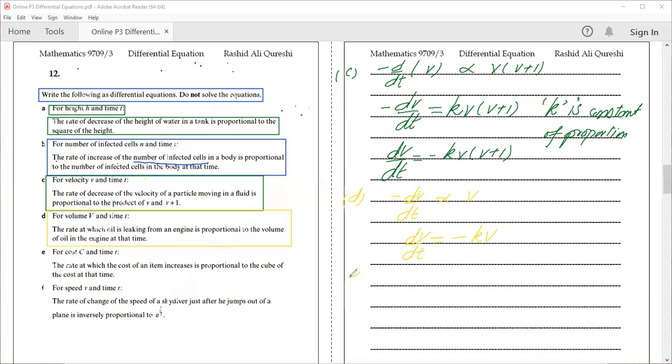Now the E part of the question, using another color. Suppose the color is black. The E part of the question is the rate at which the cost of an item.